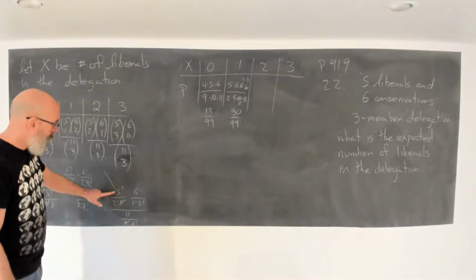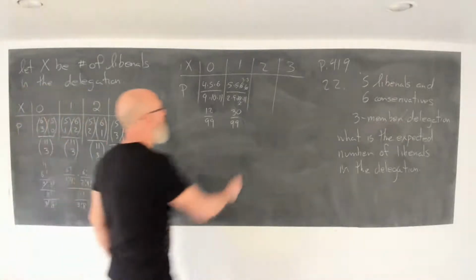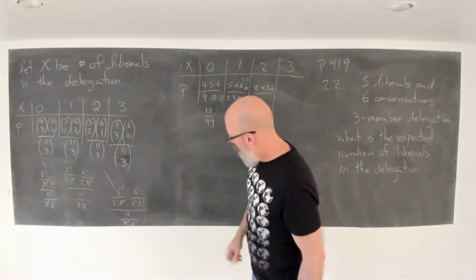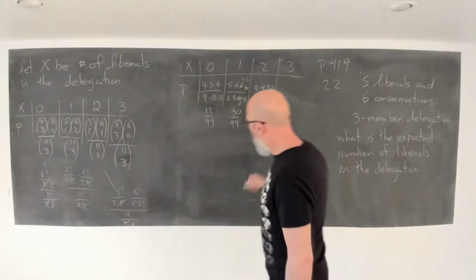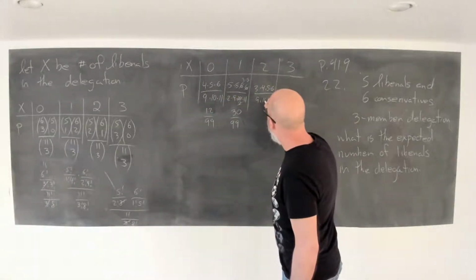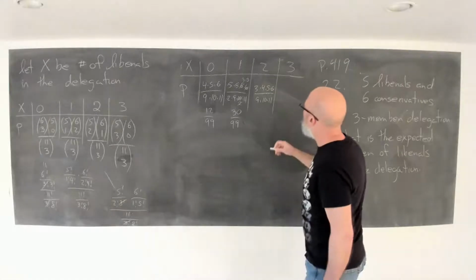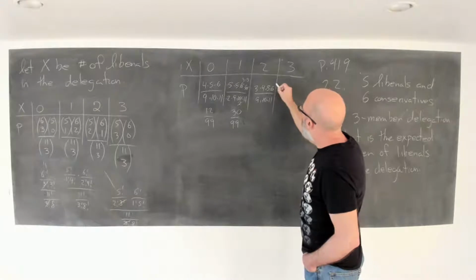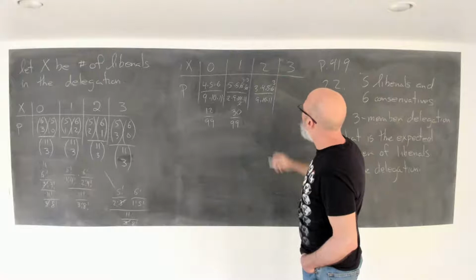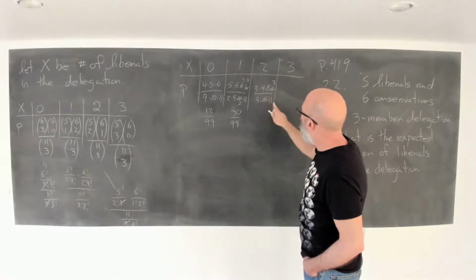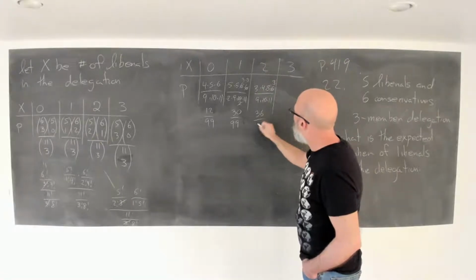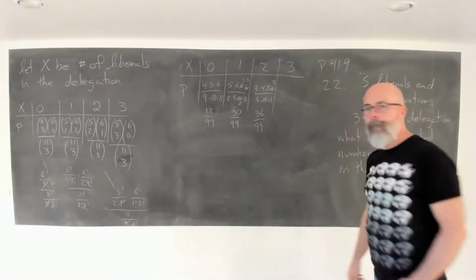So this is 3 times 4 times 5 times 6 over 9 times 10 times 11. This and this cancels to leave me with a 2. Let's take a 2 out of here. That leaves a 3. 3 times 3 is, no, we'll leave the 99. So 9 times 4 is 36 over 99.